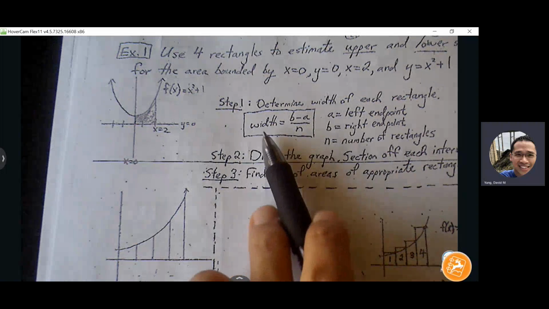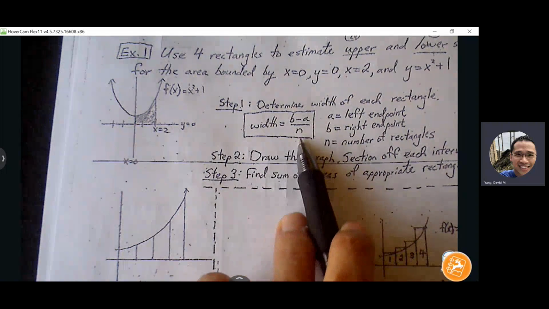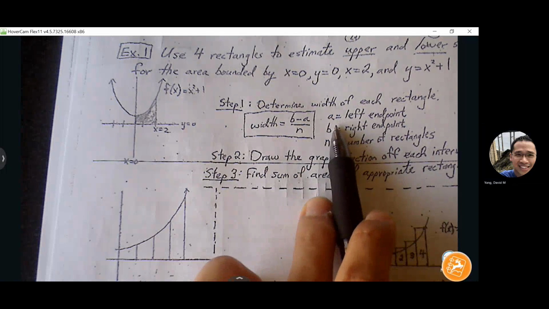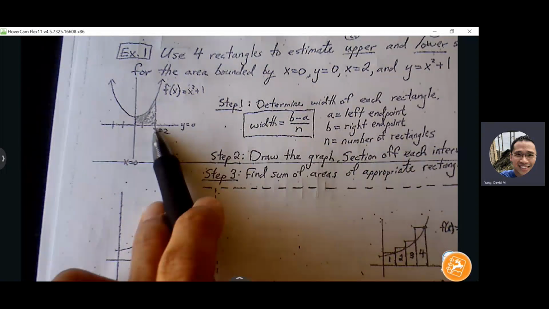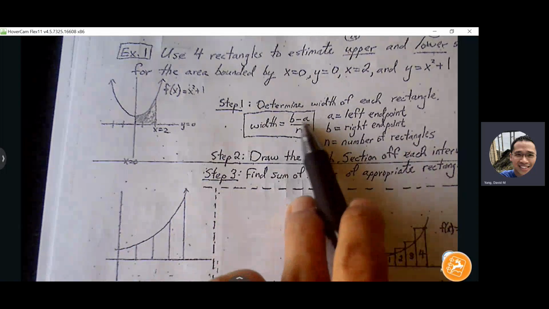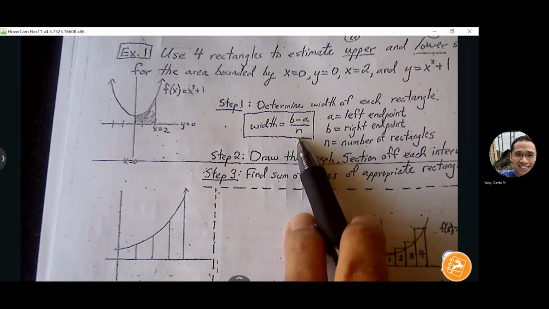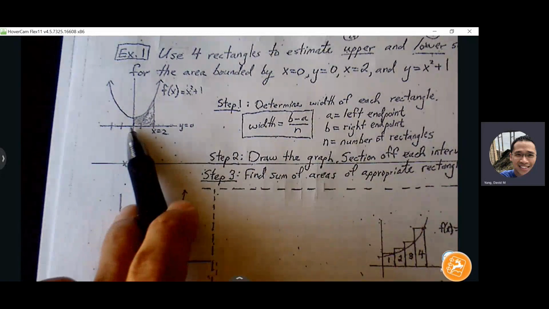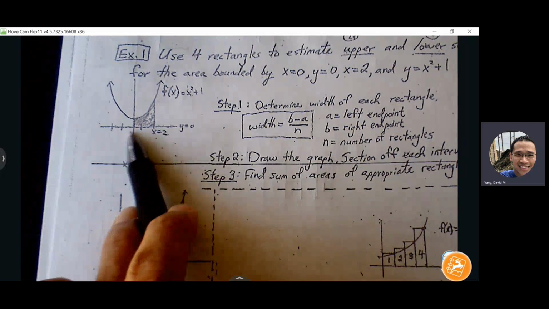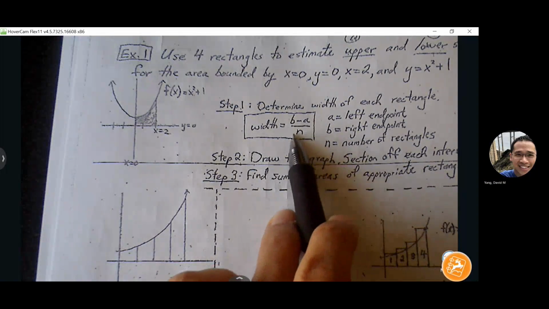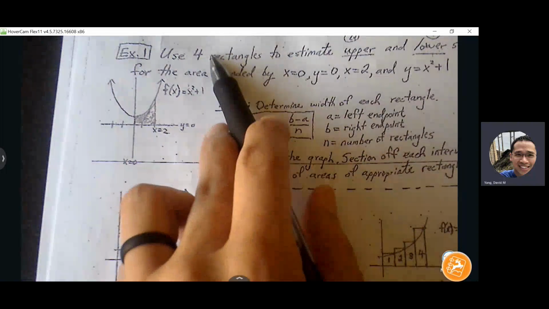To do that, our formula is b minus a over n. Your a is going to be your left endpoint, your b is your right endpoint, and n is the number of subintervals that we want to divide into. We see that this region extends from 0 to 2. That's your a and b value. And then your n is going to be what? 4, yeah, 4 subintervals.